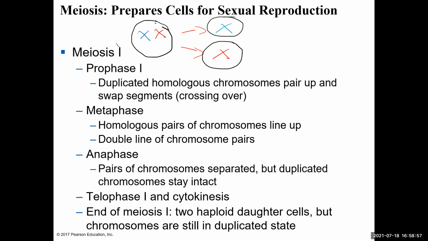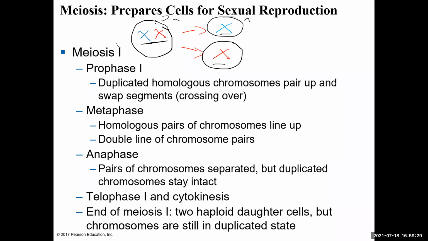So one copy, either the paternal or the maternal, will end up in the daughter cell. Now, instead of having two copies of this chromosome, you have one copy. So you're 2N to N. Two copies here, one copy there.